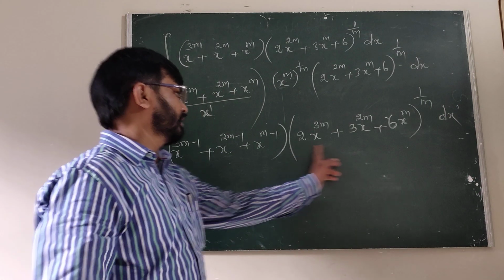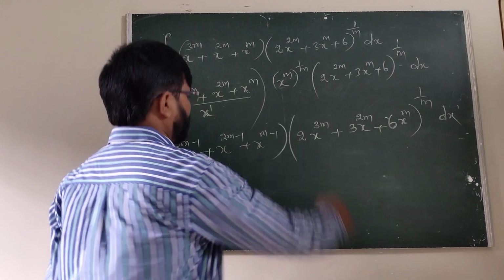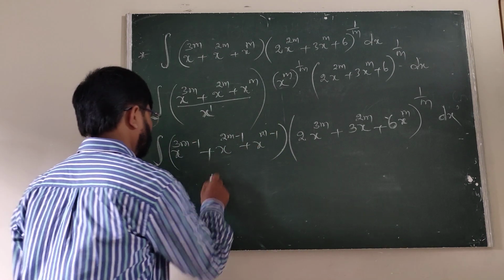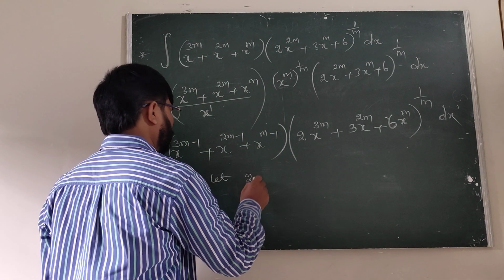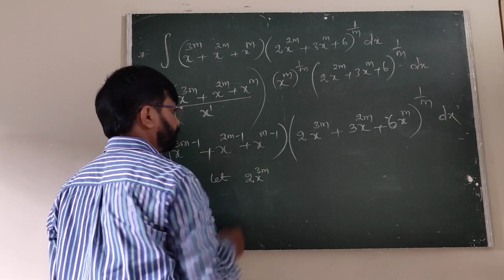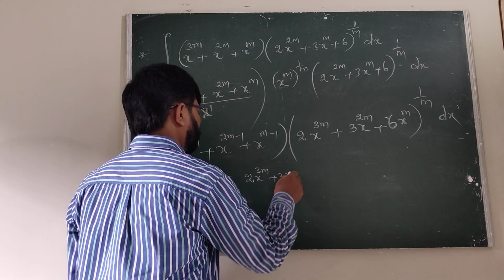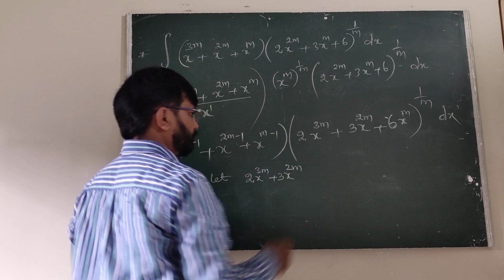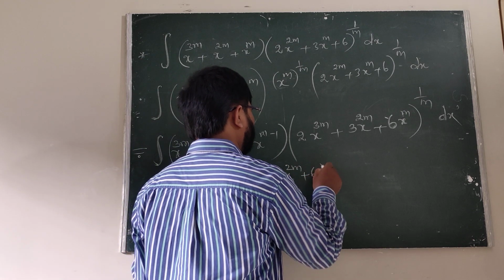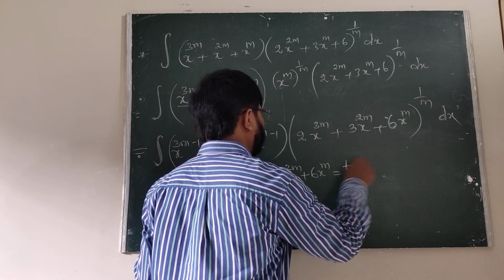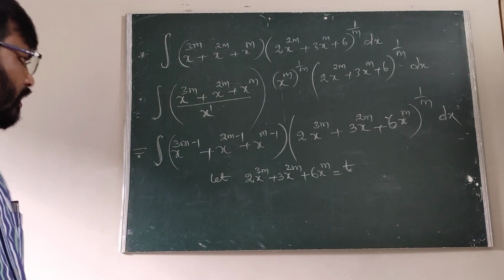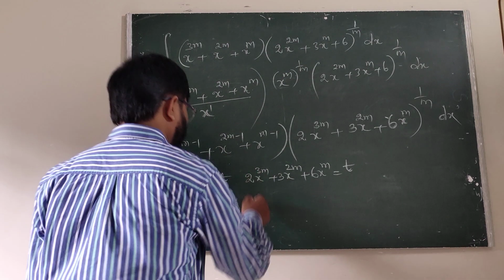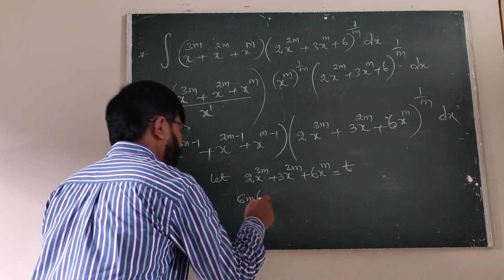Now we are taking some t. Let 2x^3m + 3x^2m + 6x^m be taken as t. Now 2 into 3 is 6m, which is common.